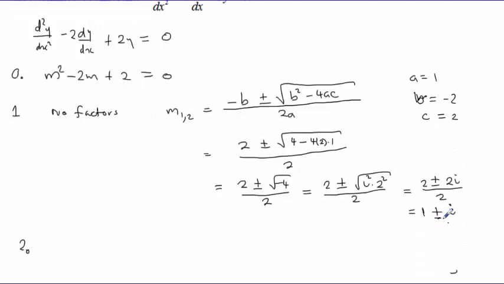Let's write this as a general complex number, which we can write as alpha plus or minus i beta. But in this case here, in general, we can just look at the root as z equals alpha plus i beta.